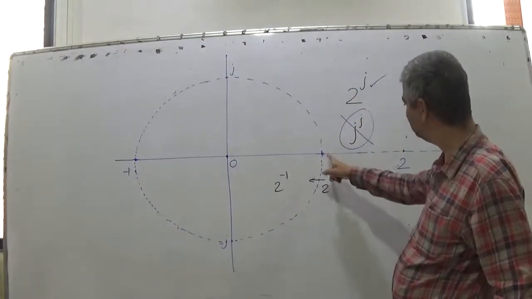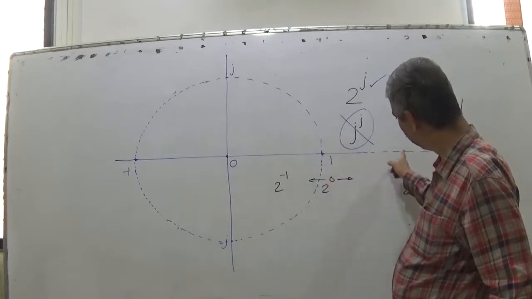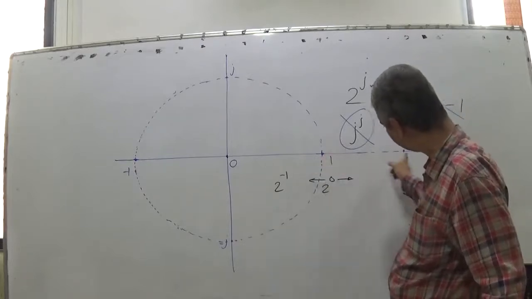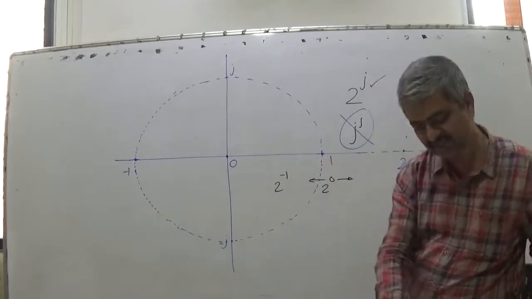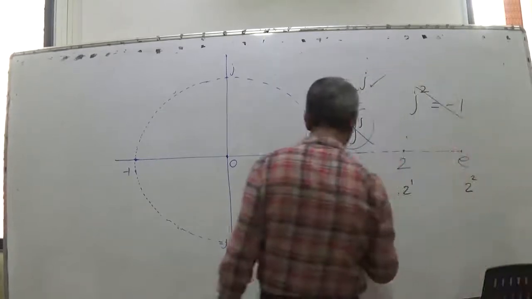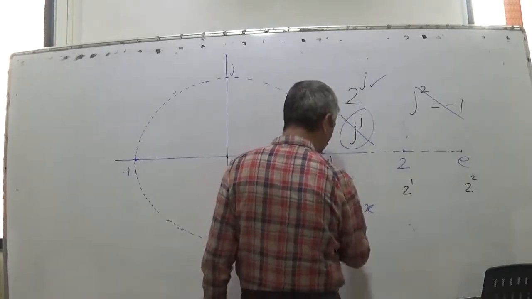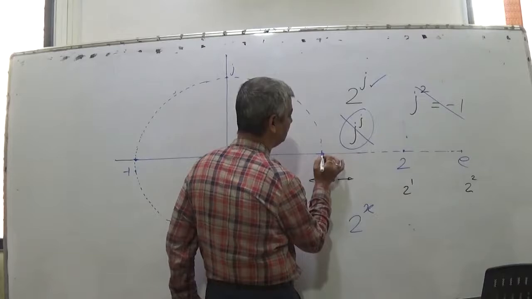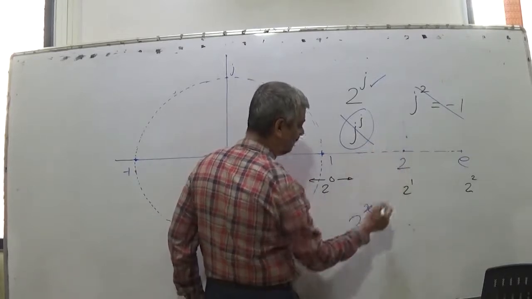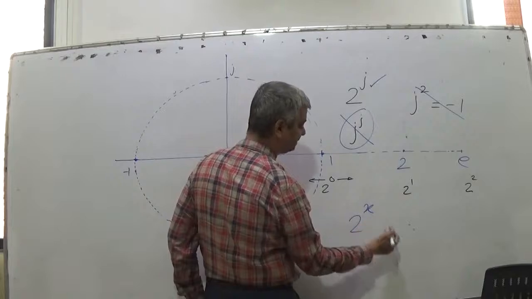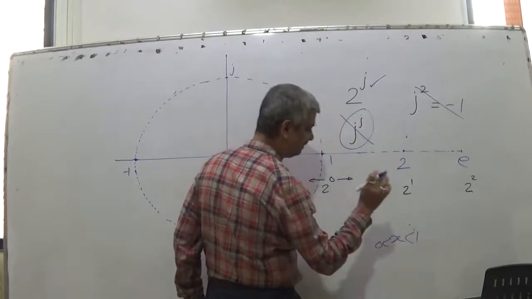2 raised to 0 is this, 2 raised to 1 is this. So each and every number from 1 to 2 will be corresponding to 2 raised to that x, which would be between 0 to 1. So this entire number line from 1 to 2 is occupied for some x such that this x is lying between 0 to 1.